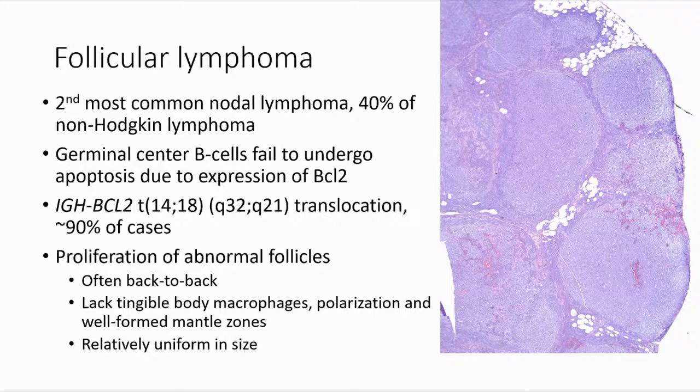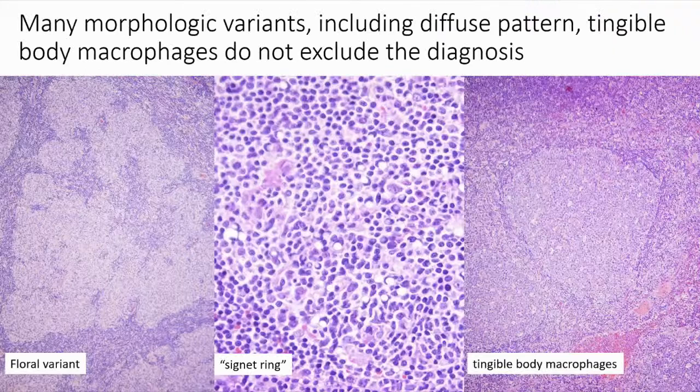Although, because it is so common, you can see a whole variety of variants of this, not really of any necessary clinical consequence, like a floral variant. Occasional tingible body macrophages can be seen in a subset, which definitely can create confusion between a reactive or florid follicular hyperplasia, but these should not be polarized. In particular, you can see that in lymphoma.